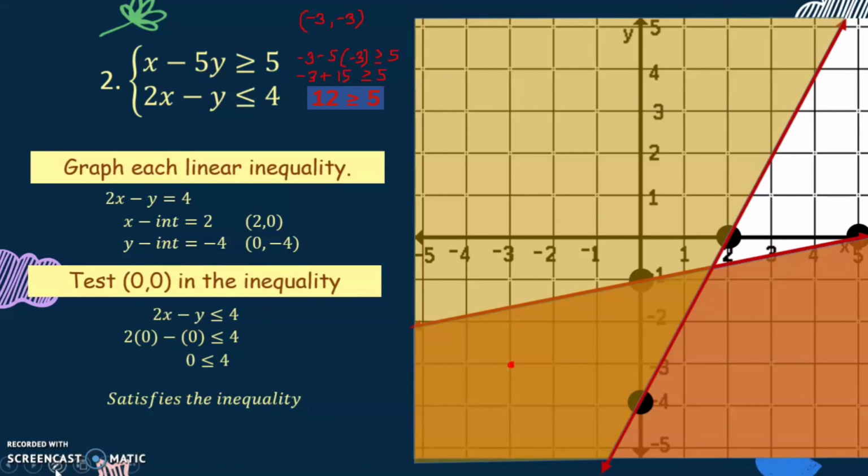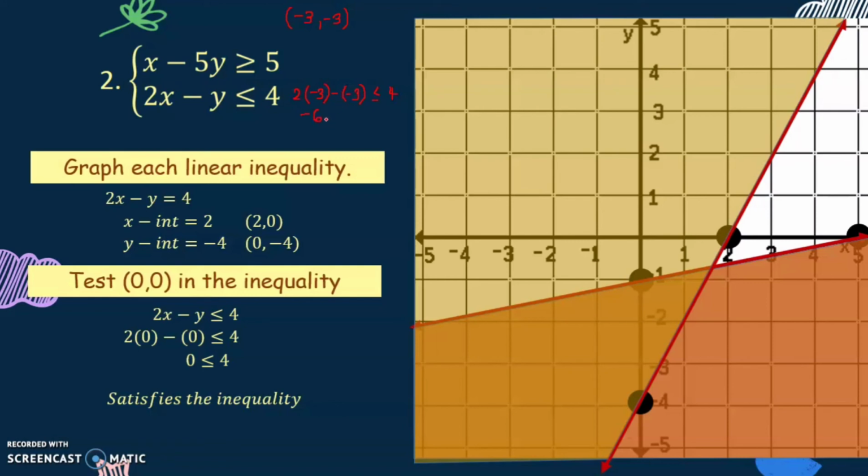How about the second inequality? We have negative 3, negative 3. Replace the values of x and y in the second inequality. So we have 2 times negative 3 minus the value of y, which is negative 3, is less than or equal to 4. 2 times negative 3 is negative 6 minus negative 3.